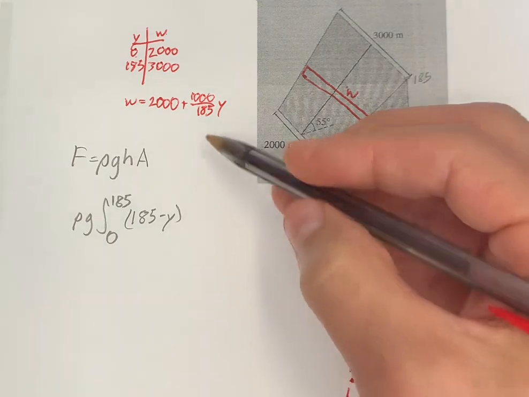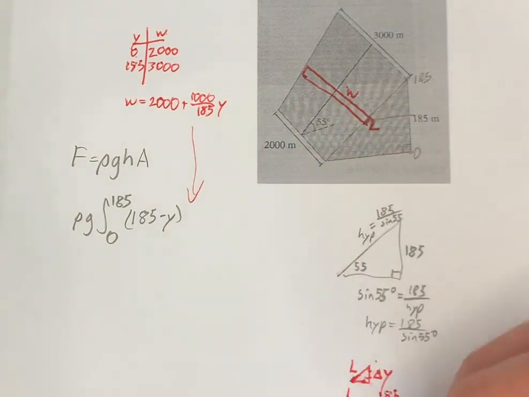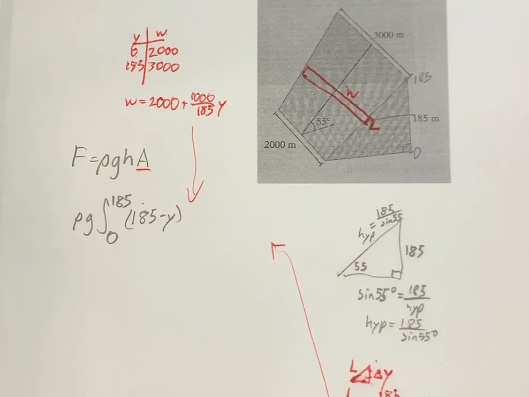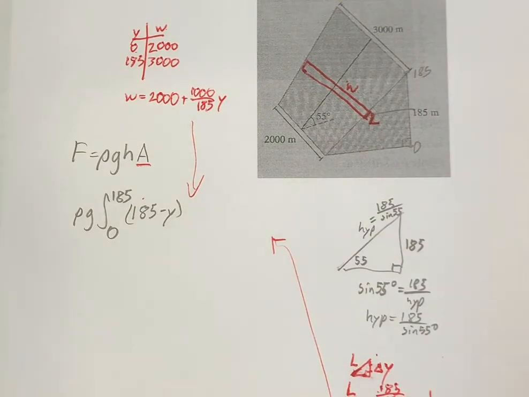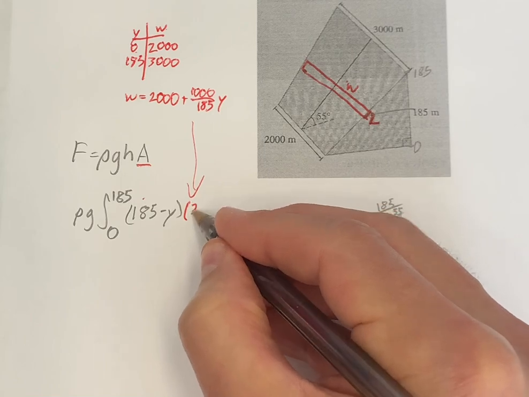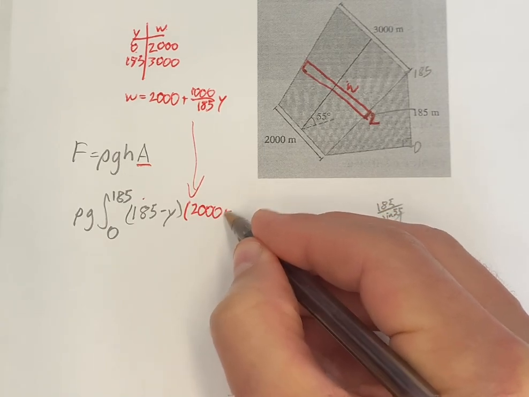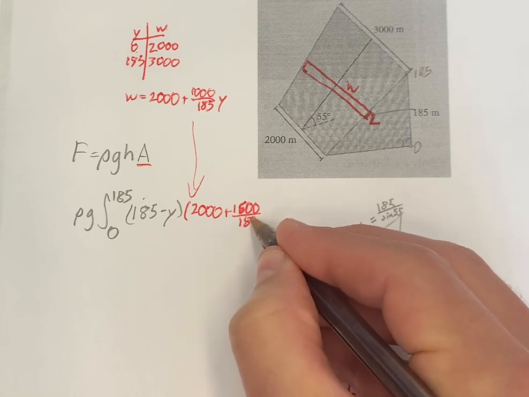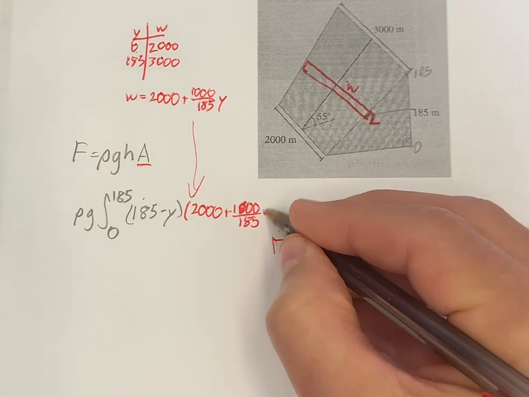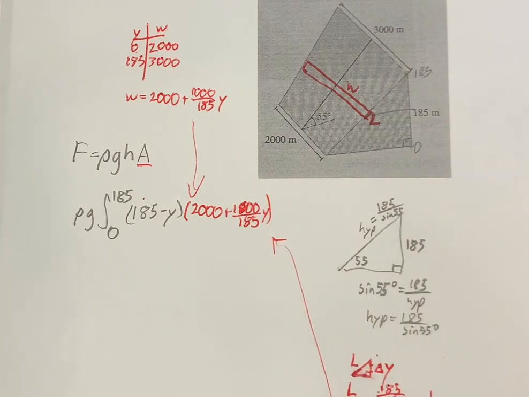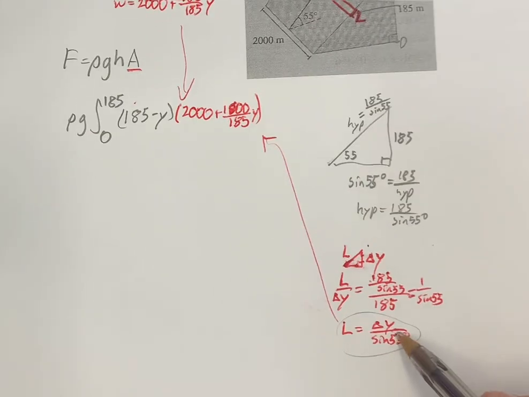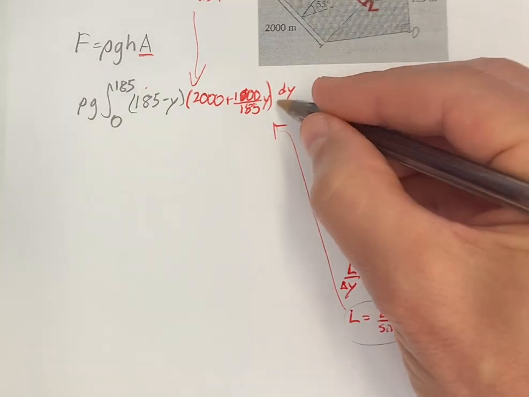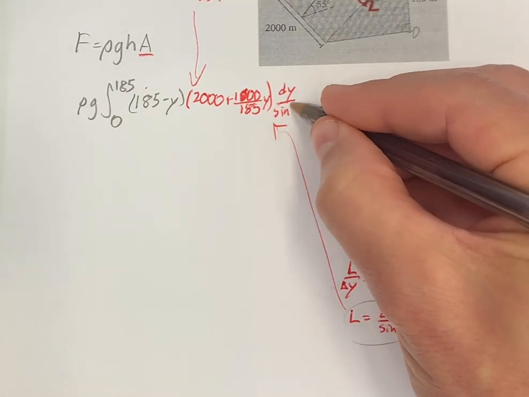So what are we going to get? We put both of those pieces together here, and all of the stuff in red is calculating that area, right? It's 2,000 plus 1,000 over 185 y, and then in the limit, that delta y becomes dy over sine 55.